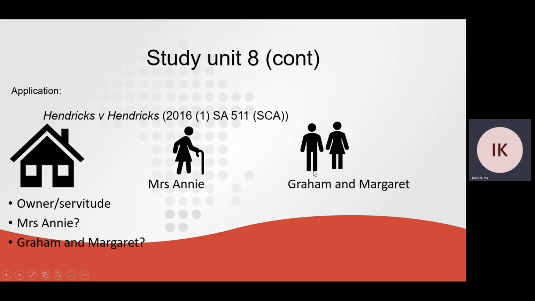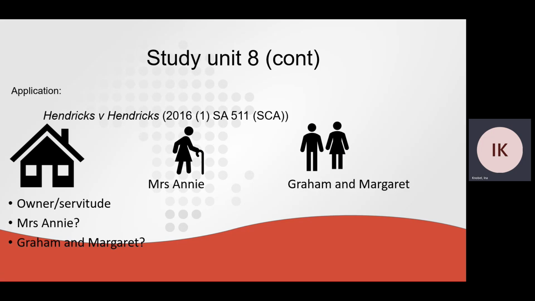Graham had ownership, in other words, the most complete real right that you can have over a thing. But Mrs. Annie had a very strong right, namely a personal servitude, which is a limited real right. Why do I emphasize this? It's just to remind you of the limitations that can be put on ownership.